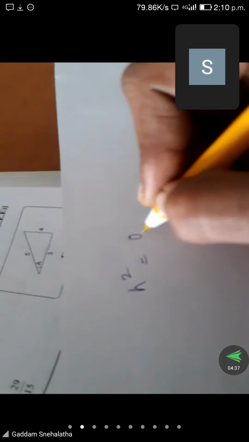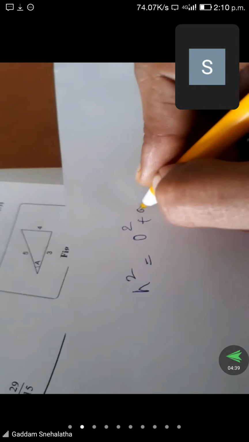How will we find it? We have the formula, Pythagoras theorem: hypotenuse square is equal to opposite square plus adjacent square.